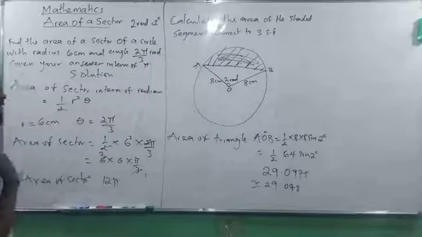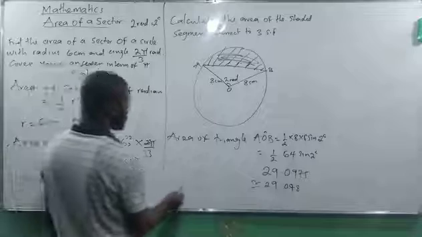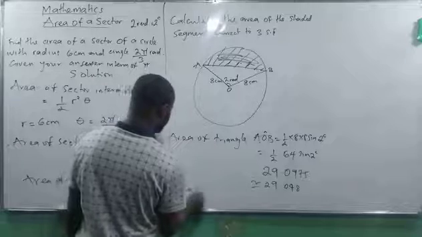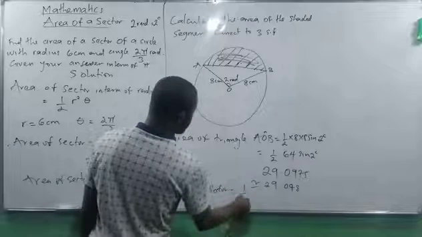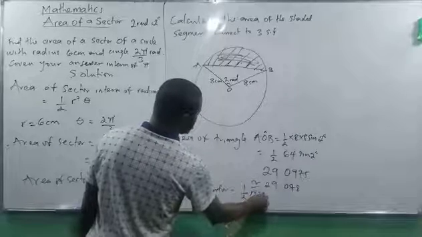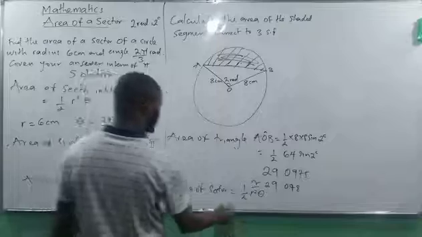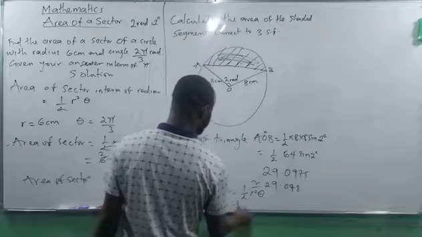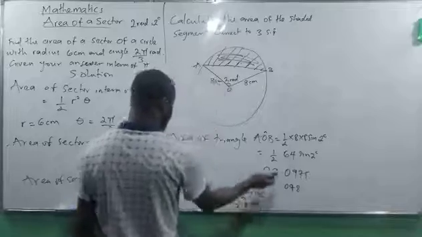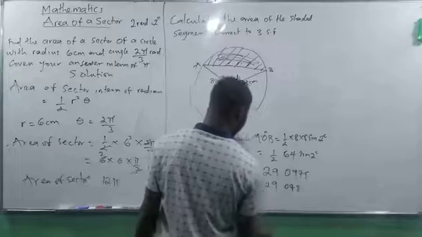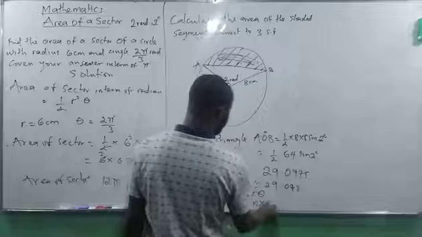Now how do I get my area of a sector? My area of a sector is always equal to 1 all over 2 r squared theta. Now I think my r is 8, so 1 all over 2 times 8 multiplied by 8, which is r squared, and my theta is 2 rad.